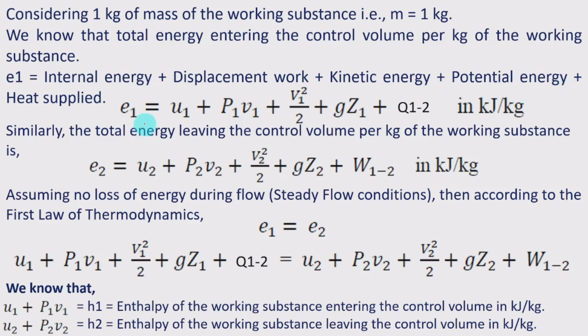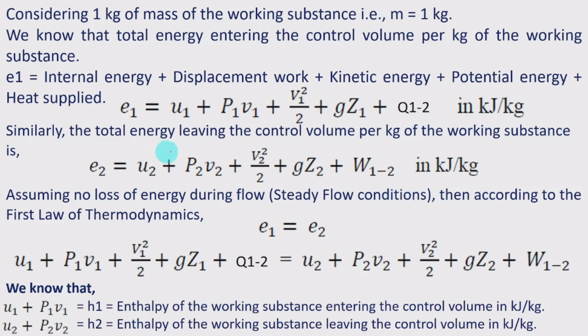That can be given as E1 equal to U1 internal energy, plus displacement work P1 v1, plus kinetic energy V1 square by 2, plus potential energy g Z1, plus heat supplied Q1 to 2, in kilojoule per kg.